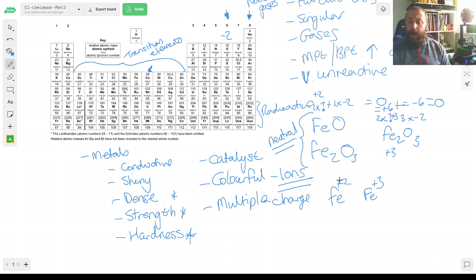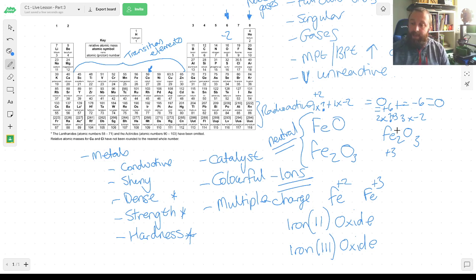Okay? Another way that we can show the charge of these in an exam, so I could write iron oxide like that, and I could write iron oxide like that. And they might do that in an exam. This is common, and it's an international standard, using the Roman numerals to indicate what the positive charge is on that ion.